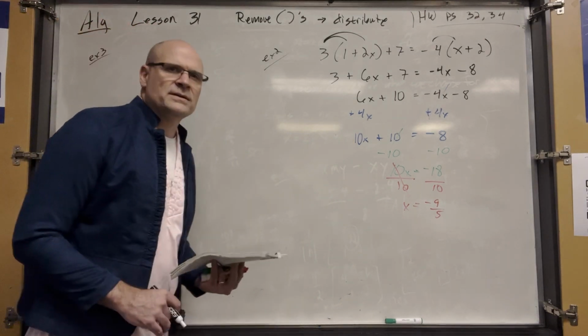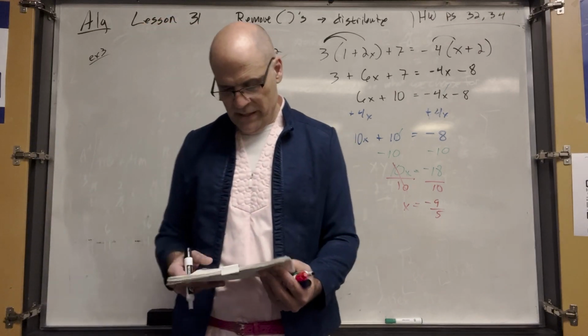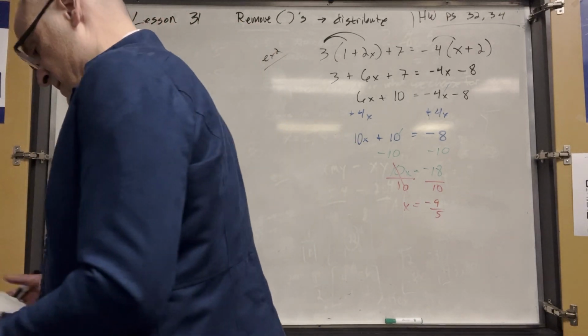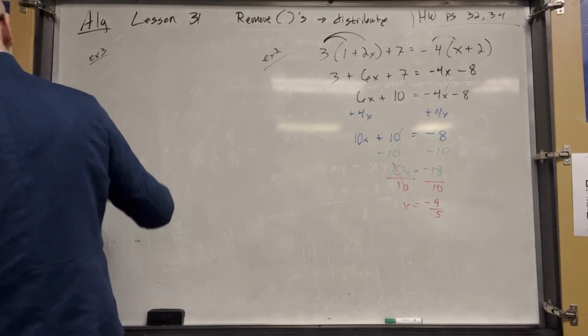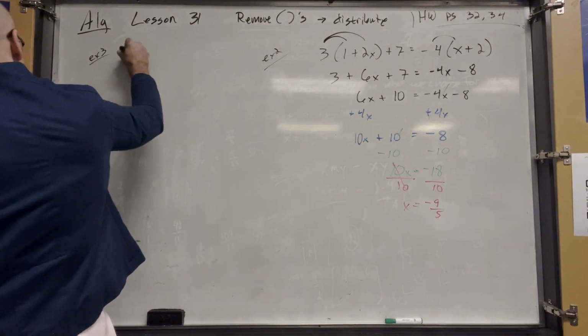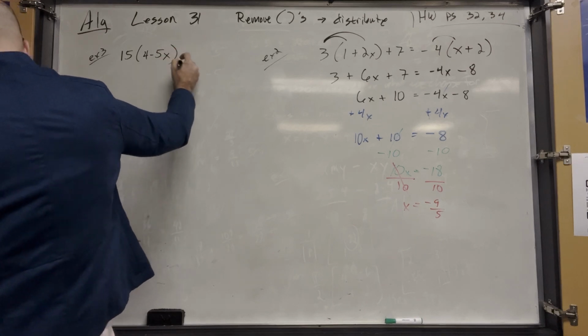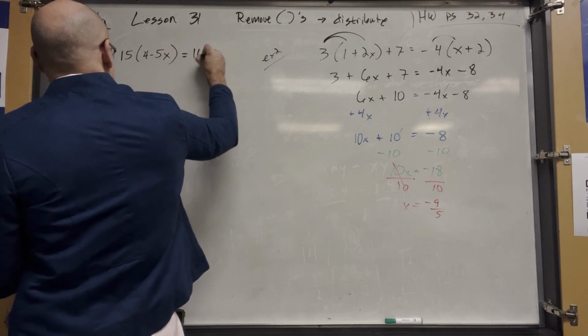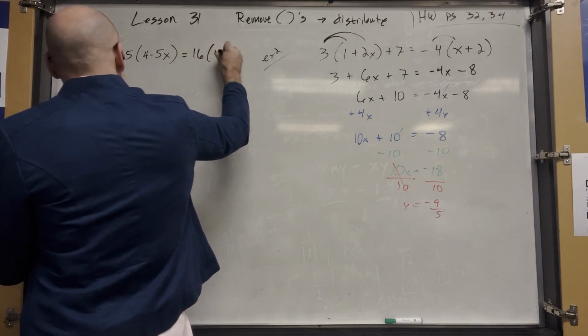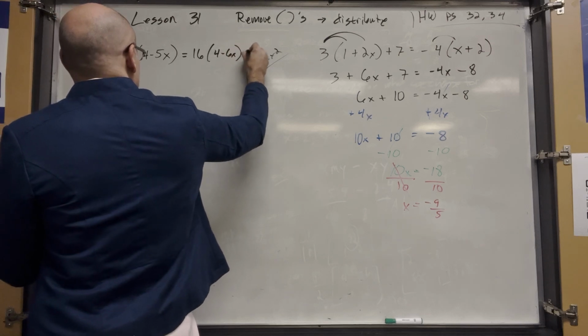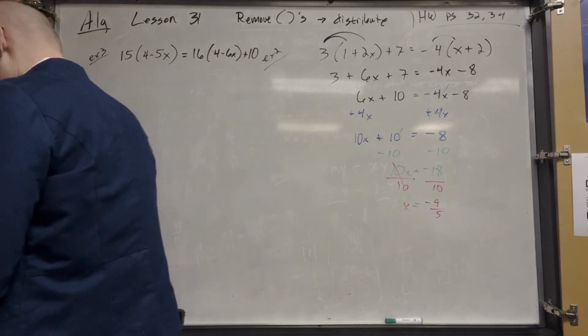Yes, you can use a calculator, but give me your answer as a fraction. That's the easiest way to do it. Here we go, example 3: 15 times (4 minus 5x) equals 16 times (4 minus 6x) plus 10. Ready, go.